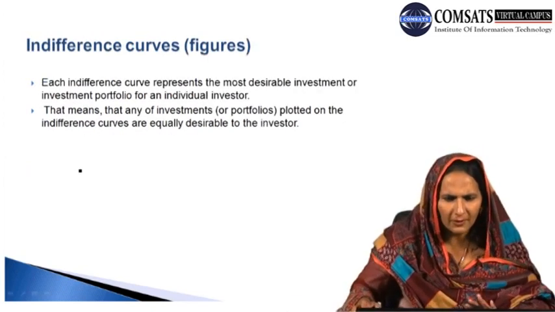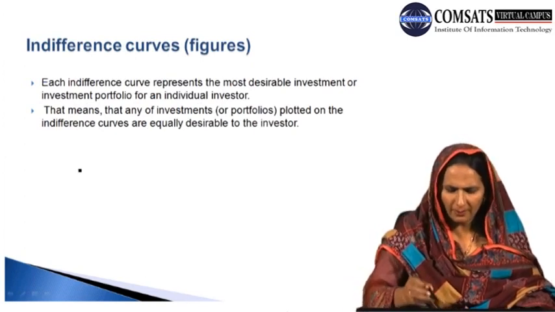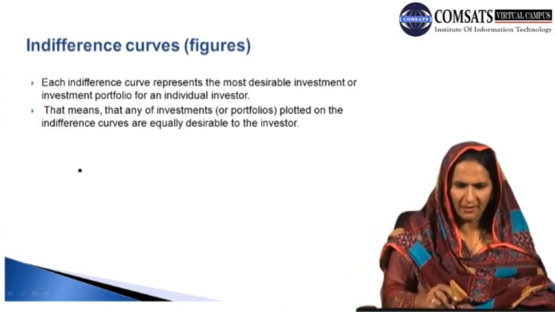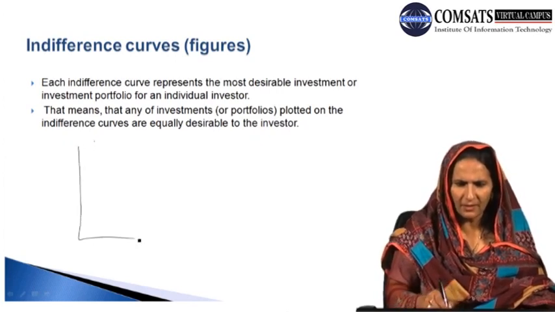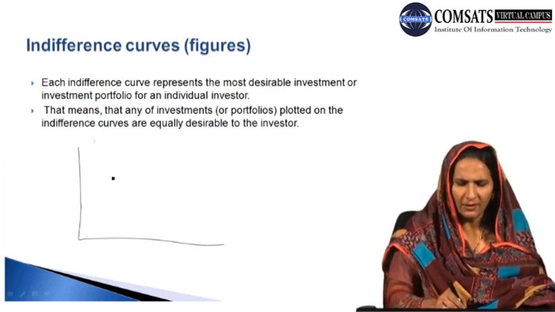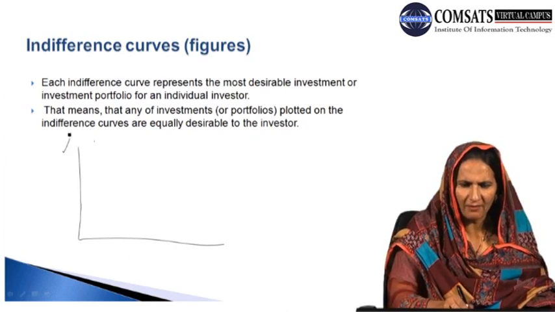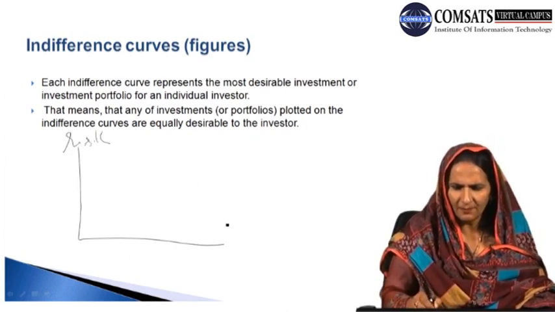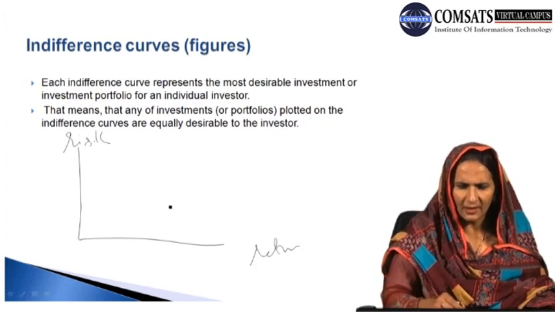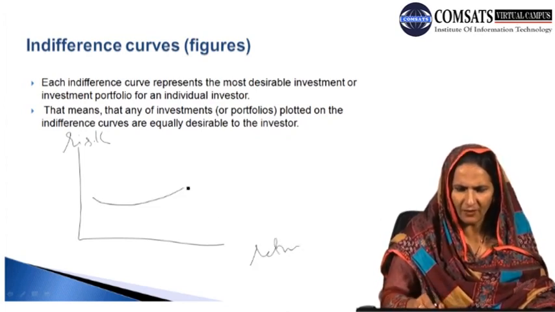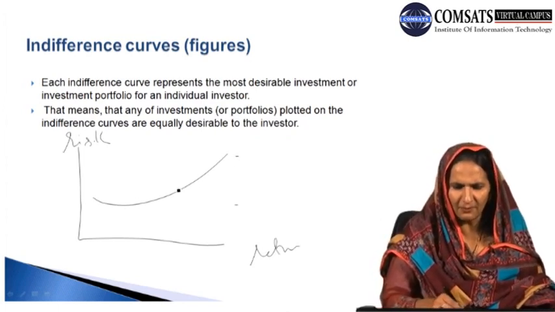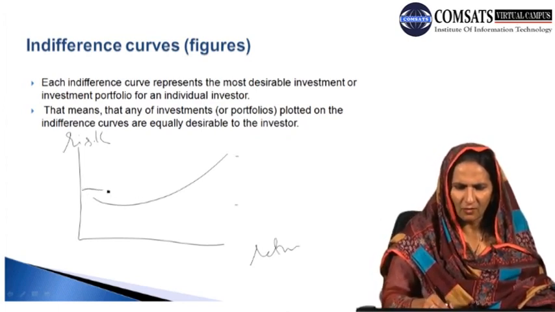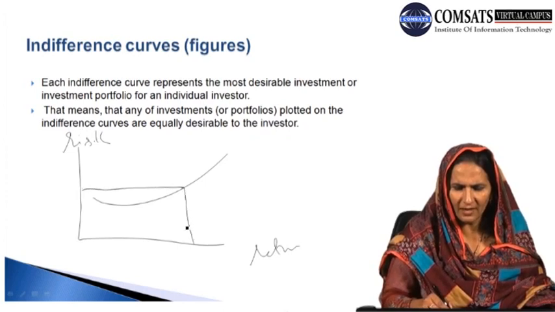We are going to draw the indifference curve in order to elaborate the relationship between risk and return as far as Markowitz theory is concerned. For example, along the vertical axis we have risk and along the horizontal axis we have returns, and the relationship between the risk and the return can be indicated.